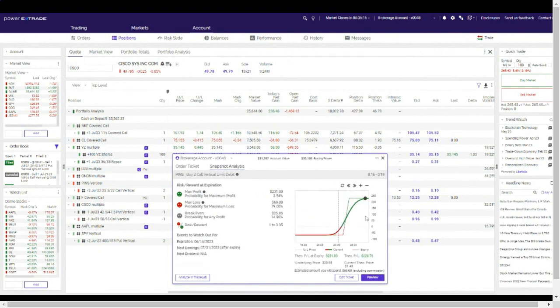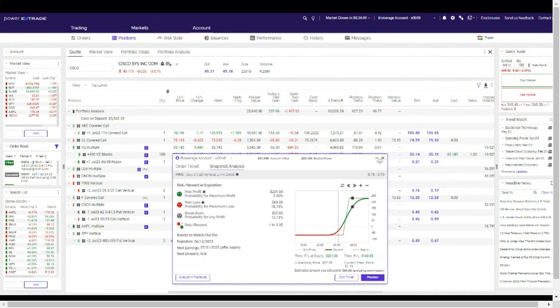Let's go over that way a little bit, and you can see that it's a debit call spread, so it makes money if the market would go up. Theoretically, is the thicker line, and sure enough, we're down some money right now actually and theoretically. And if it stays right here at expiration, I'll be down even more money.